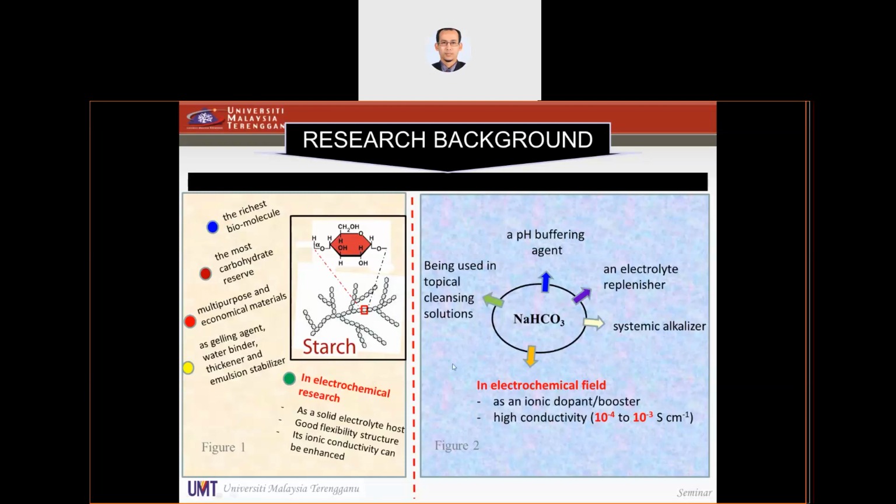So to understand the influence of sodium bicarbonate on starch-based electrolytes, the present work reports the investigation of morphology, structural, and electrical conductivity on this hybrid starch sodium bicarbonate polymer electrolyte.